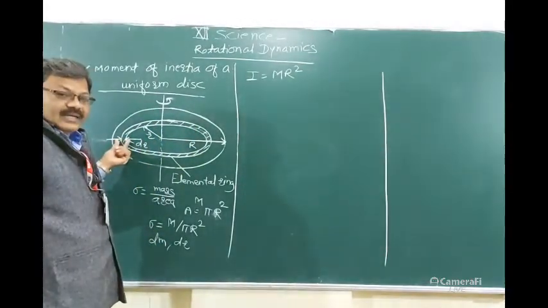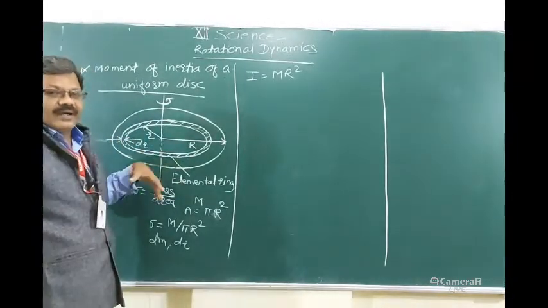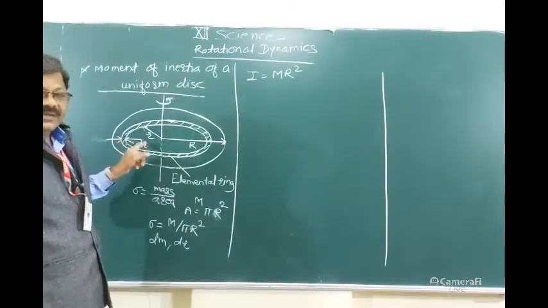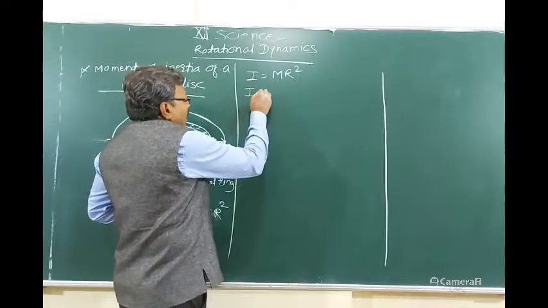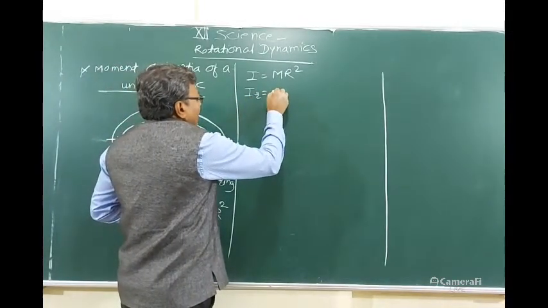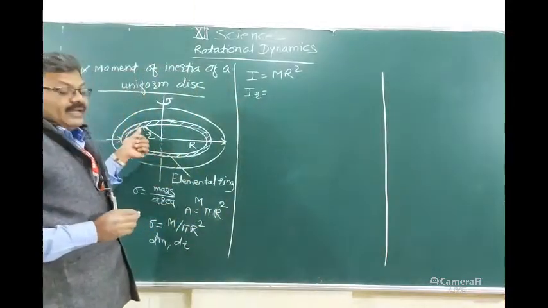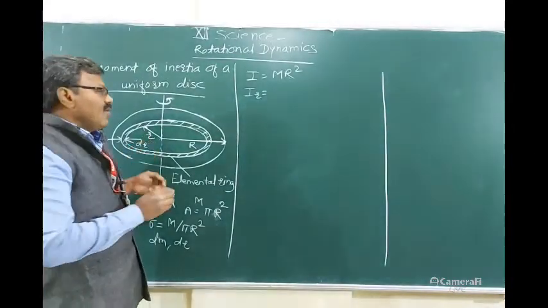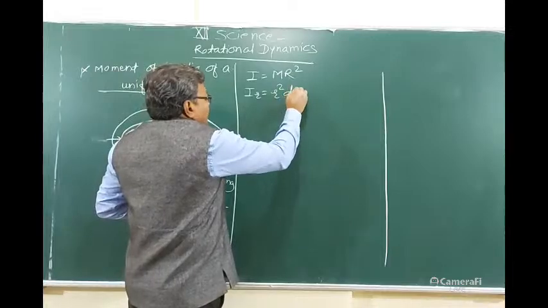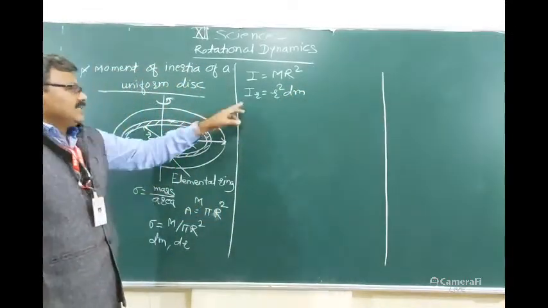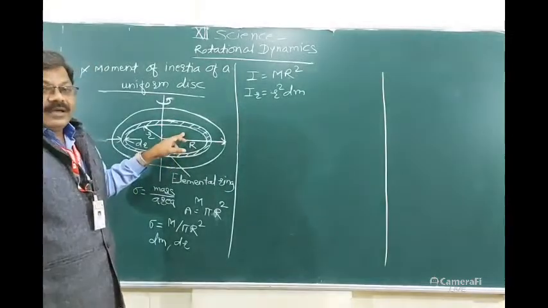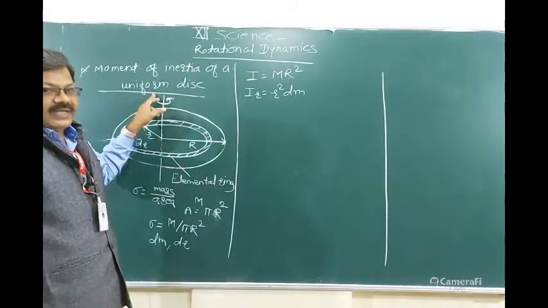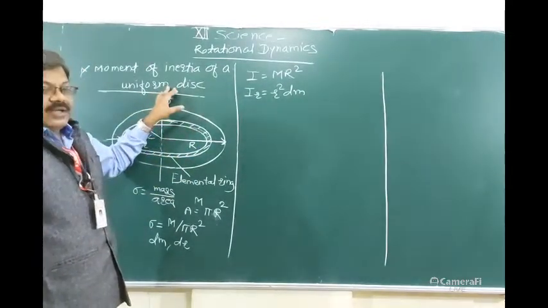The width of this ring is dr, and we use this width for finding the area of the ring. So the moment of inertia of this ring, I R, with radius r instead of capital R, is equal to r square into dm. This is the moment of inertia of this shaded ring, which is considered a small element of this uniform disk.